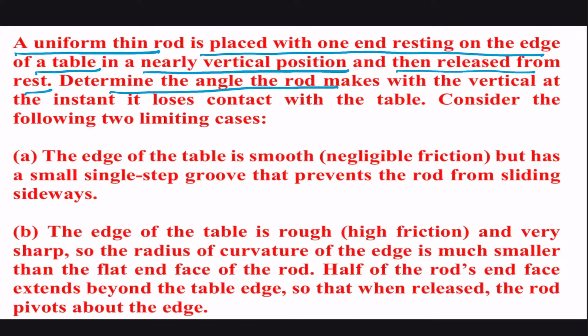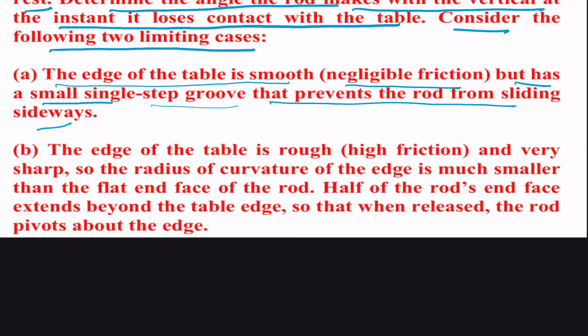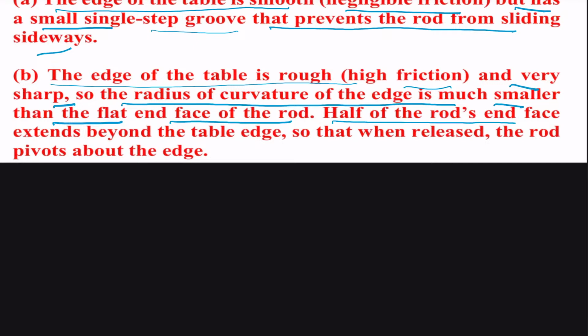Determine the angle the rod makes with the vertical at the instant it loses contact with the table. Consider the following two limiting cases. First case, the edge of the table is smooth, negligible friction, but has a small single step groove that prevents the rod from sliding sideways. And part B, the edge of the table is rough, high friction and very sharp, so that the radius of curvature of the edge is much smaller than the flat end face of the rod. Half of the rod's end face extends beyond the table edge, so that when released the rod pivots about the edge.